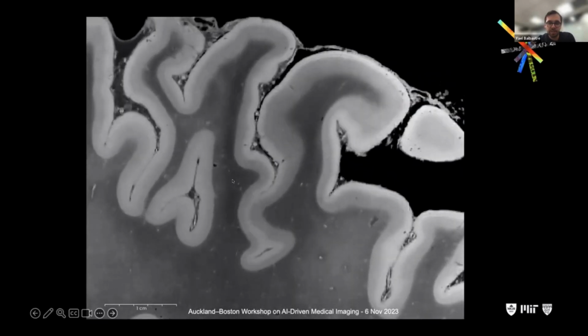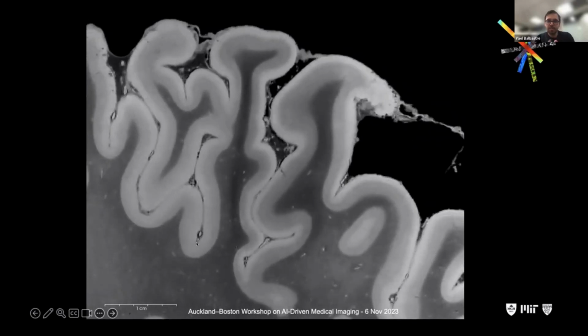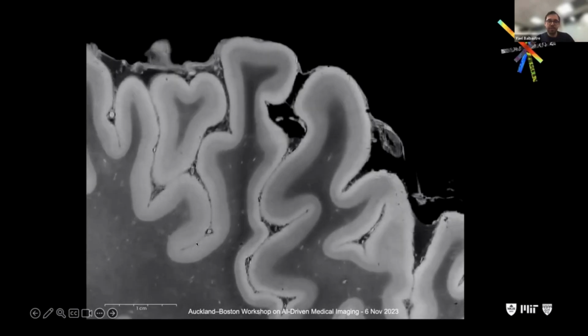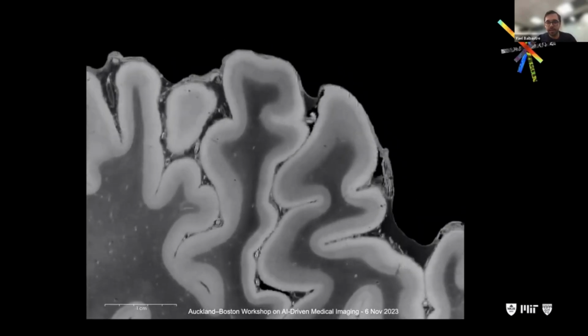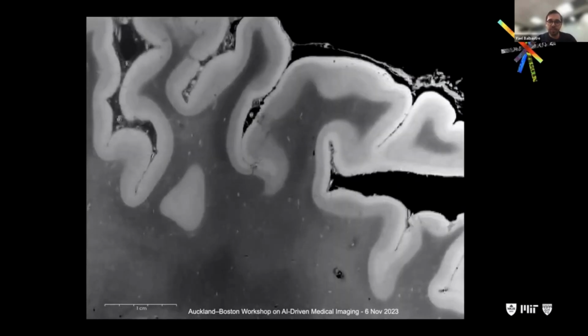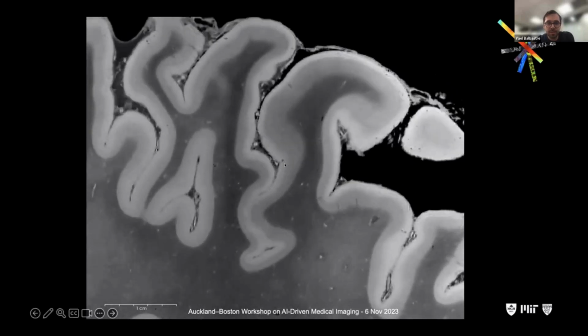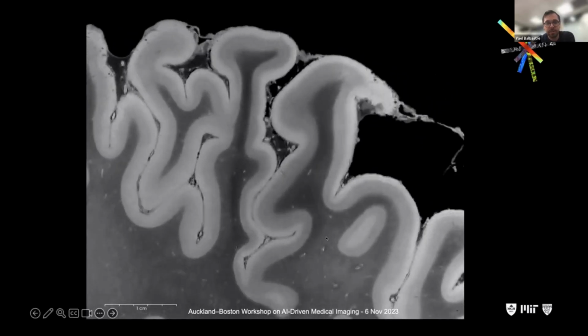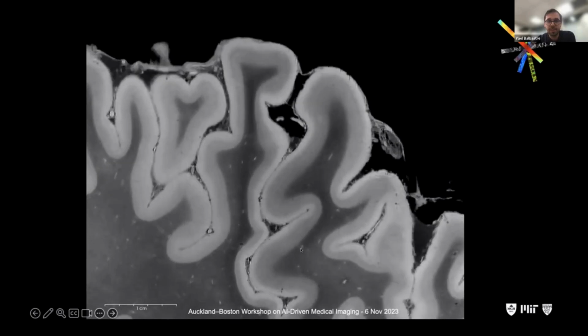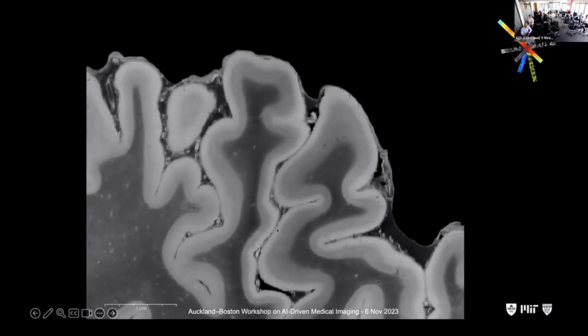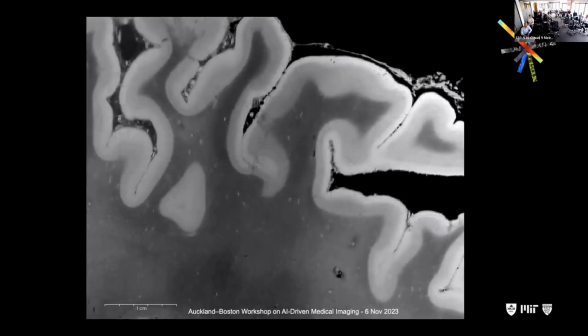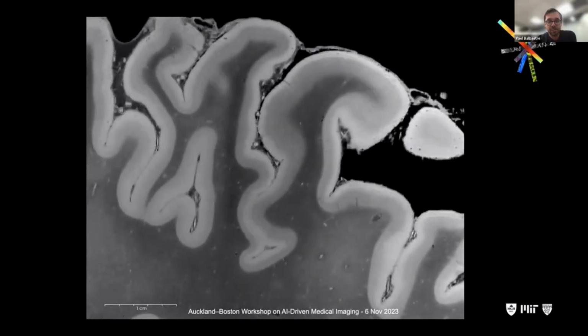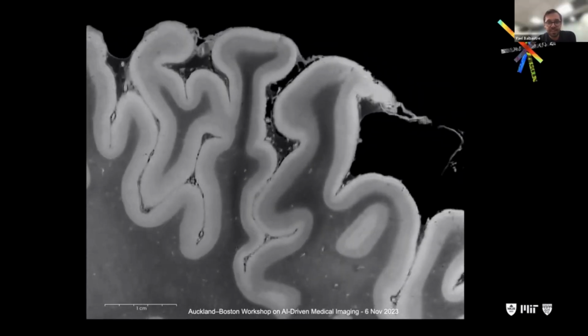Not a lot is done in humans, and so we have all of these different scales between 1 millimeter and 1 micron, but there are no real methods available to segment them, and also not a lot of labeled data to train algorithms. So what we could do is try to synthesize realistic vasculature.